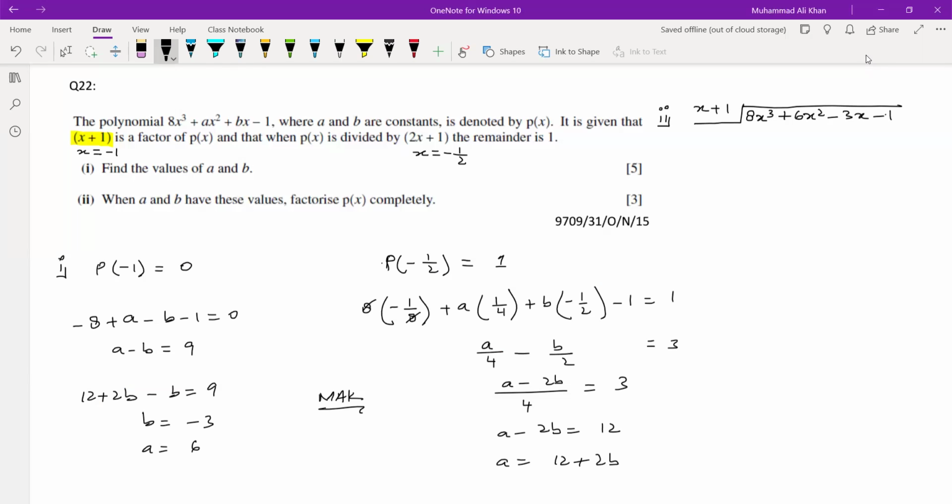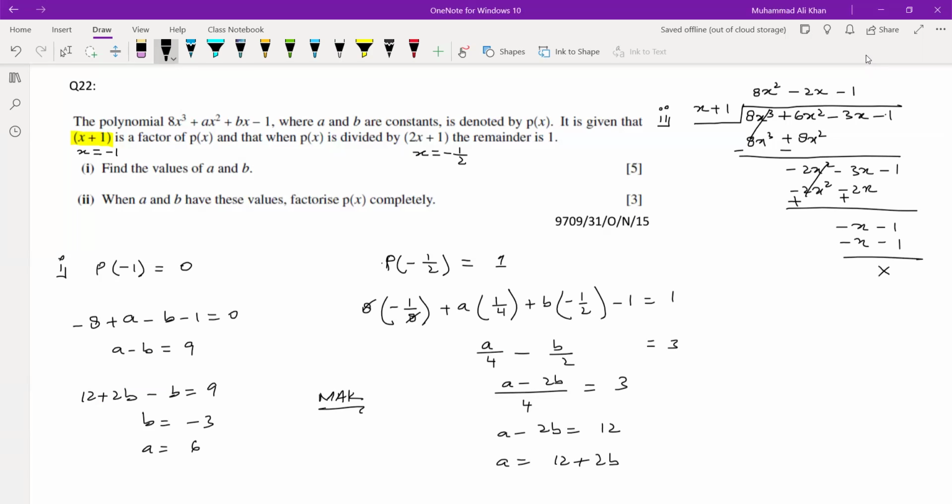हमें क्या बनाना है? 8x³ किससे मल्टीप्लाई करवाएं? 8x² मल्टीप्लाई हुआ तो 8x³ और 8x² इंटू 1 है प्लस 8x². नीचे वाली एक्सप्रेशन के साइन चेंज, here it is माइनस 2x² माइनस 3x माइनस 1. किससे मल्टीप्लाई करवाएं? माइनस 2x. माइनस 2x इंटू x इज माइनस 2x², माइनस 2x इंटू 1 इज माइनस 2x, साइन चेंज, कैंसिल आउट. माइनस x माइनस 1 किससे मल्टीप्लाई करवाएं? माइनस 1 से, सो माइनस x माइनस 1 फिनिश.